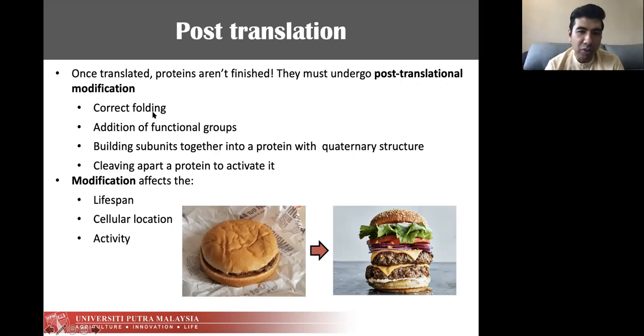Whereas after the folding, adding functional groups, building subunits together, combining with different proteins, or cutting parts of the protein, it becomes a nicely functional burger, which is not ideal. This one doesn't exist unless you make it on your own. But the idea is you make the protein, you fold it, you make it into a nice, working form, then it becomes a fully functional protein.